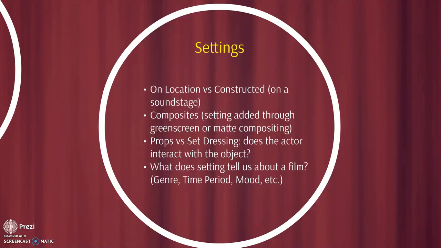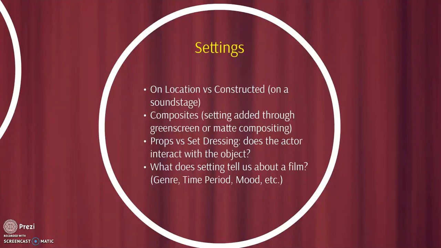And set dressing is usually the stuff in the background that helps flesh out that area and make it seem real. Properties are specifically objects that an actor interacts with. An actor picks it up or does something with that particular object.